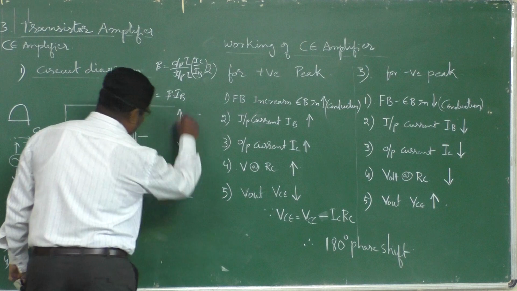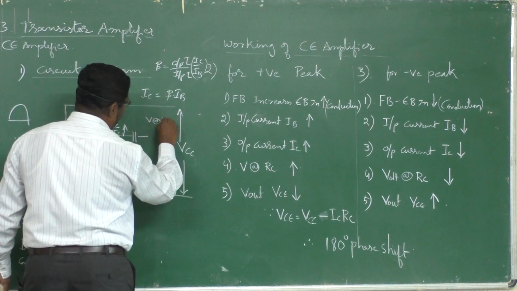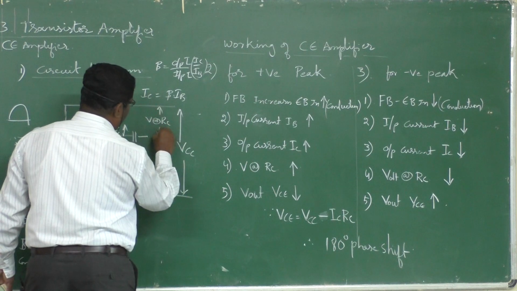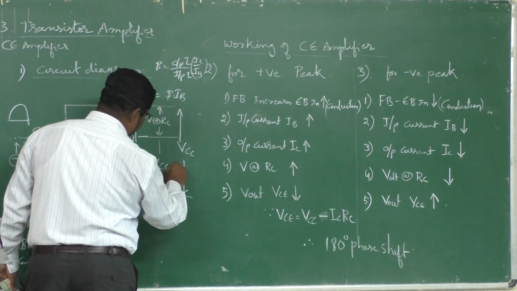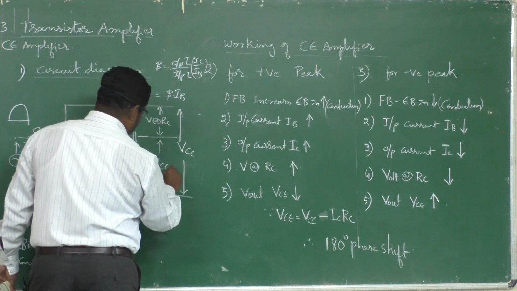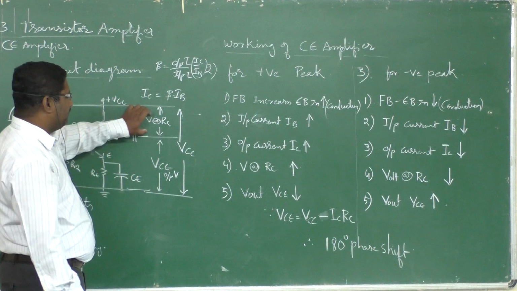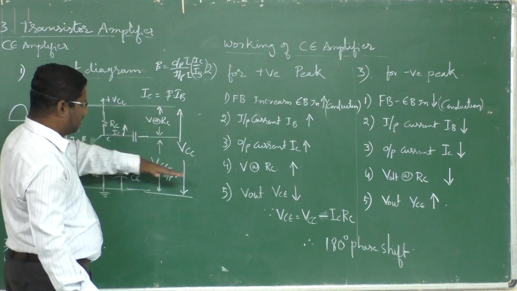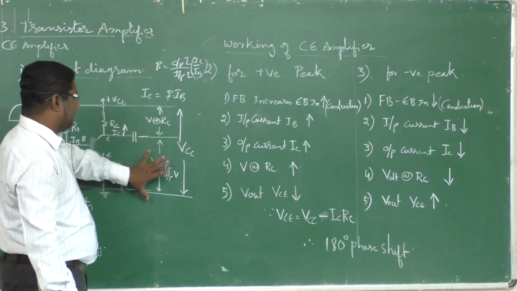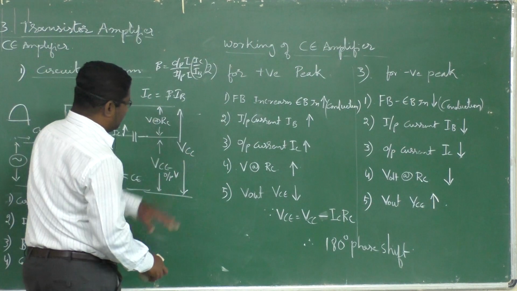This height is equal to VCC, and this height is equal to the voltage at RC, and this height is equal to VCE, the output voltage. VCC is fixed, it is not going to change. If something increases here, naturally this height has to decrease. So like this it is happening.